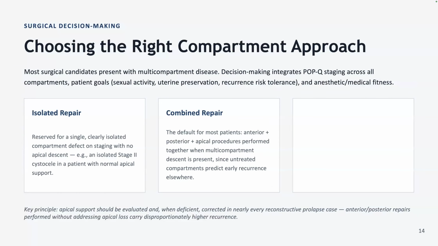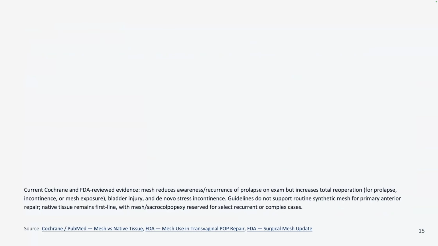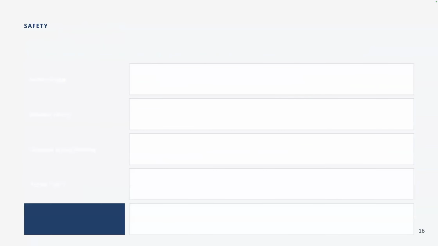Combined with hysterectomy, anterior and posterior repair can be done. Obliterative procedures are occasionally used in frail patients. We don't use mesh nowadays, and native tissue repairs are better than mesh repairs.